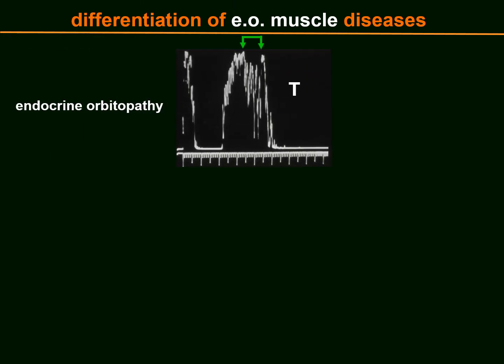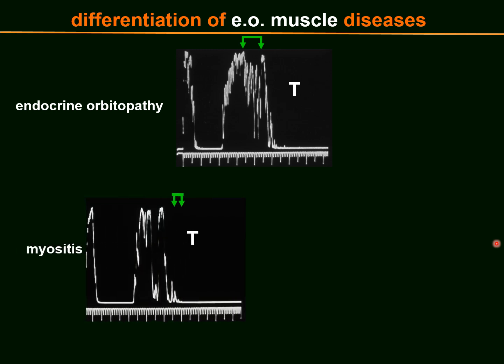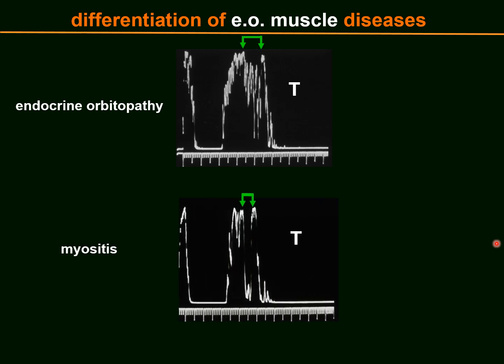Now, turning to the differentiation of extraocular muscle diseases. In endocrine orbitopathy, the muscles have a high reflectivity. In myositis, the reflectivity of a muscle is low.